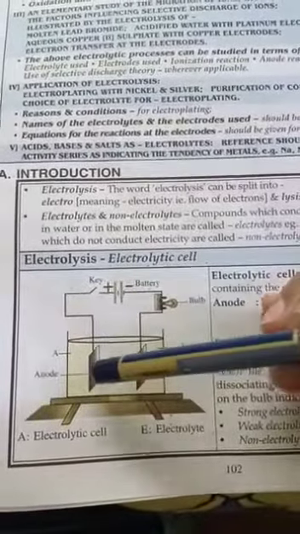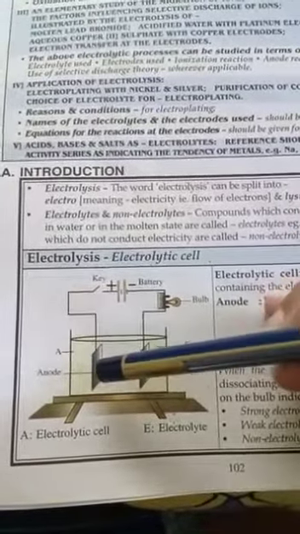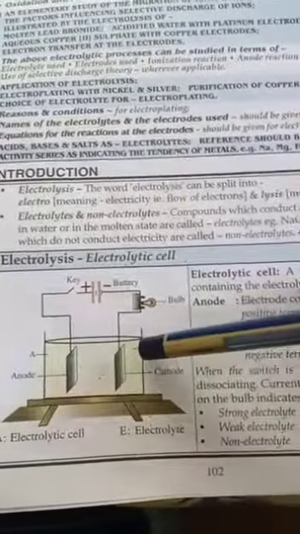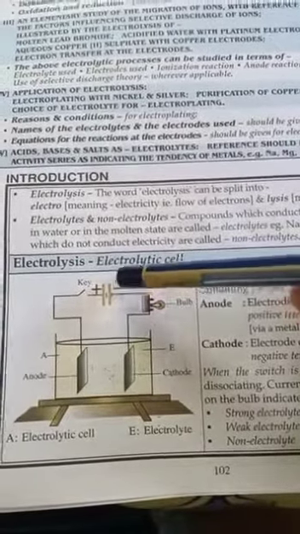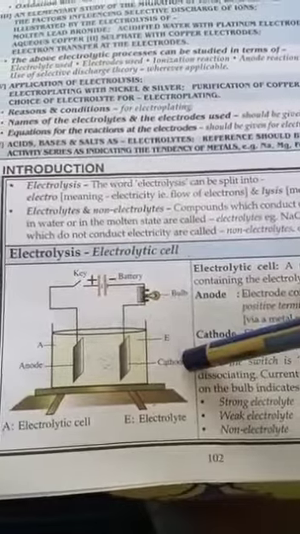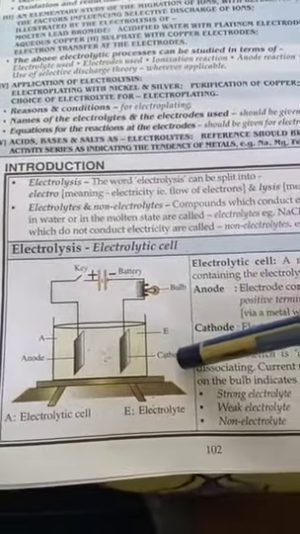This metallic plate connected to the positive terminal is called the positive electrode or anode. And the other one, connected to the negative terminal of the battery, is known as the negative electrode or cathode. So we have two electrodes, anode and cathode.